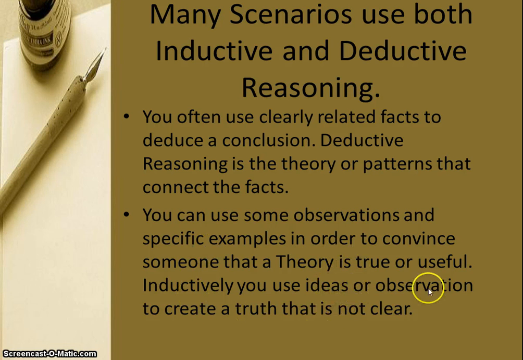You use ideas and observation to help create a truth when a truth is really not already clear. So deductive reasoning, you have clear facts that should lead to a clear conclusion. And inductive reasoning is not as much of a clear conclusion as something that you really need to convince or create.